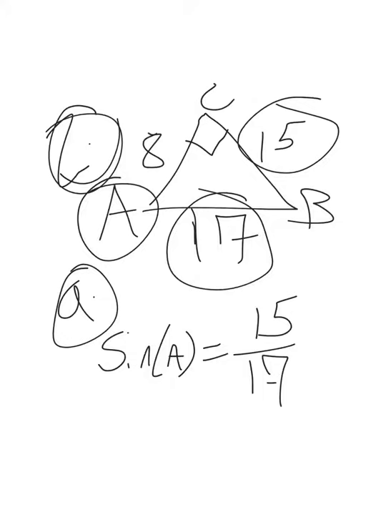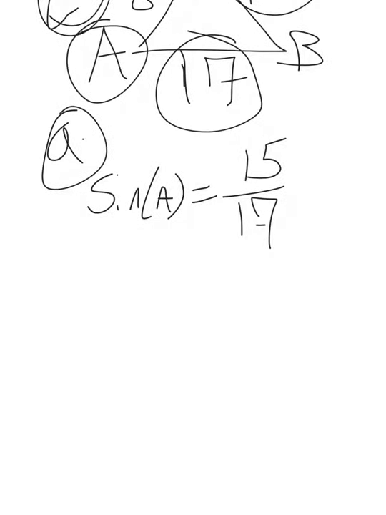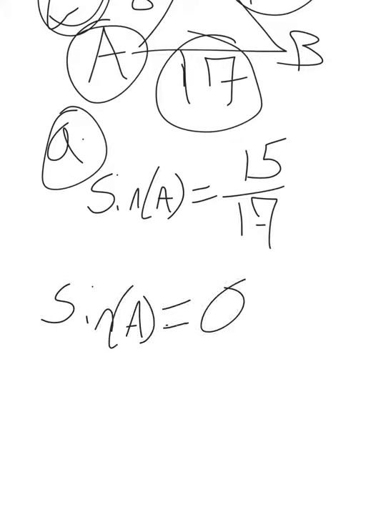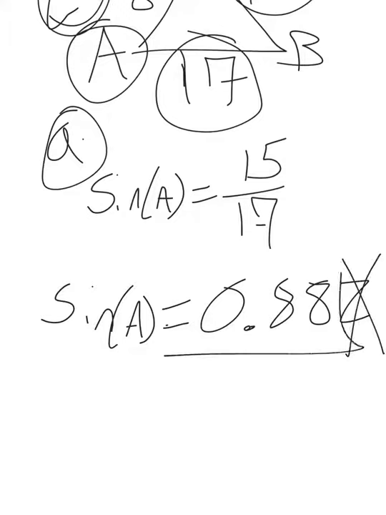When we calculate 15 over 17, we get 0.882, and we said to round to the nearest hundredth. Remember, the hundredths place is 2 decimal places, and this 2 we just drop because it's less than 5. So we just get 0.88.